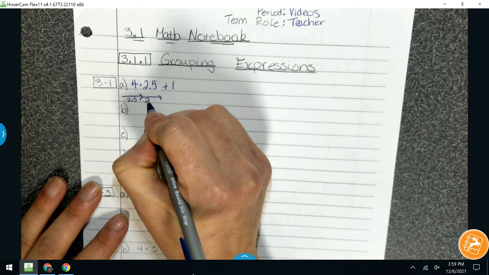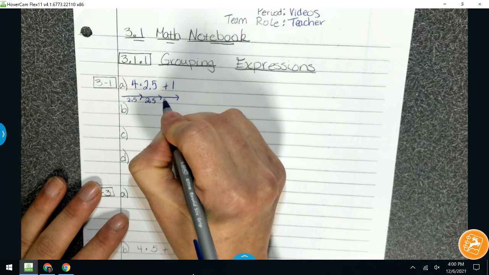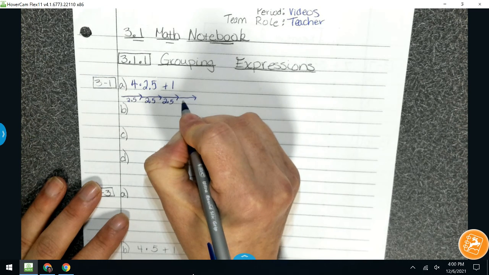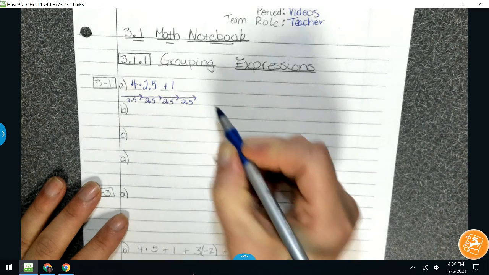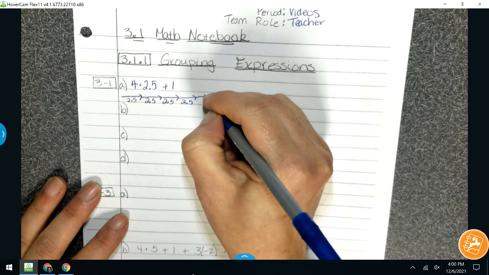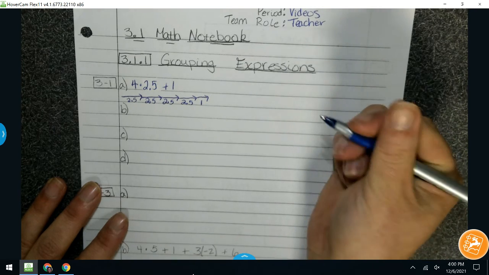Another time 2 1/2 feet. 3 groups. And lastly, 4 groups. And then we're going to add our extra foot. Now we need to figure out how far he went.